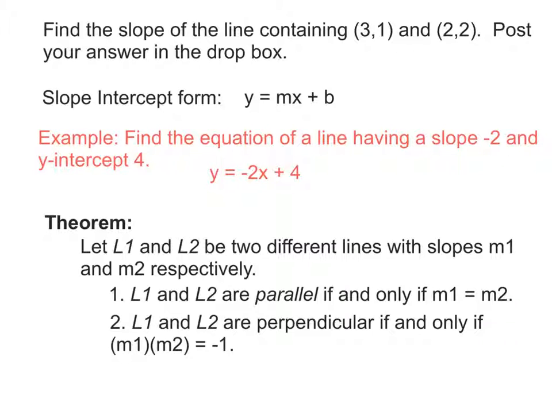So if the slopes are equal, your lines are parallel. If the product of the slopes is equal to minus 1, then they're perpendicular. Another way of looking at perpendicular lines is the slopes are going to be negative reciprocals of each other. So they're going to be opposite signs, and one of them is going to be the reciprocal of the other, so that basically it's going to be flipped.